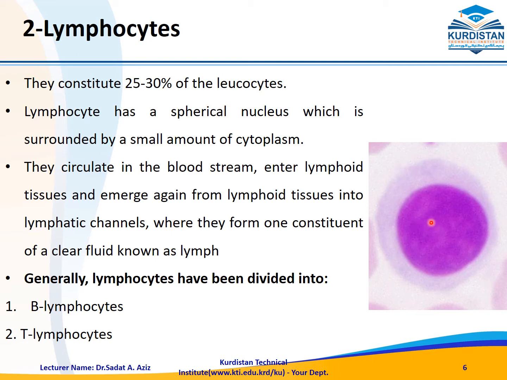Normally the lymphocytes are circulated in the blood, then enter into the lymphatic tissues such as lymph nodes, and then from the lymphatic tissues they can enter into the lymphatic system, which is responsible for transporting the lymph.